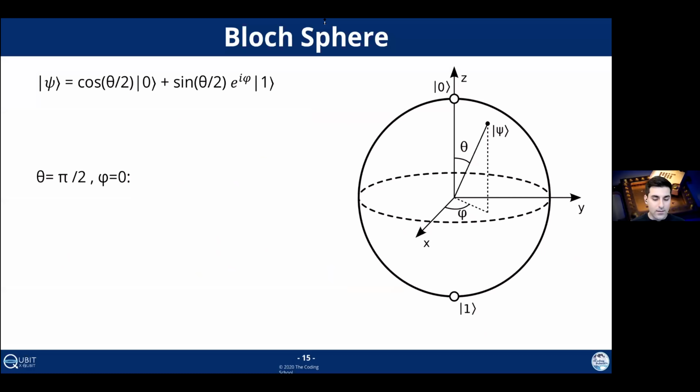Now let's look at something a little bit more exciting. What if I say I'm looking at theta equal to pi over 2 with a phi of 0? What state do I get then? Try to do this by yourself for 30 seconds, and I'm going to launch a poll now, and let me know what you got.